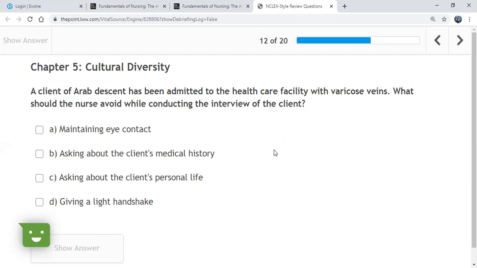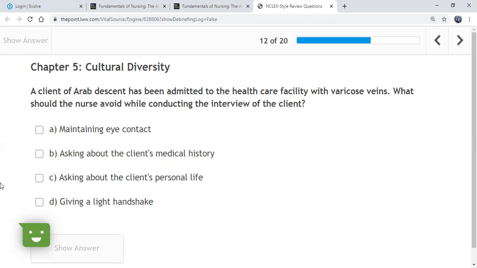A client of Arab descent is admitted to the healthcare facility with varicose veins. What should the nurse avoid while conducting the interview of the client? Is it A, avoid eye contact?